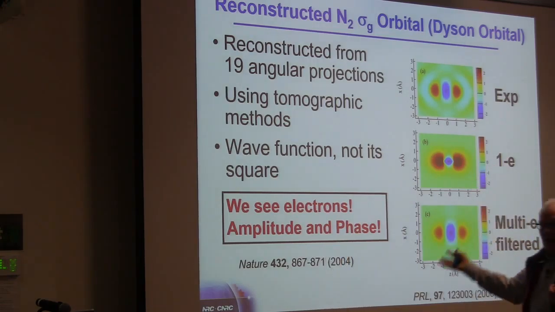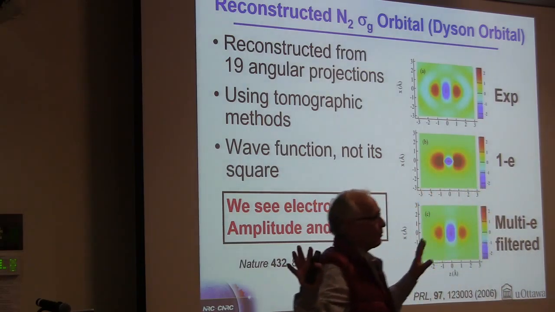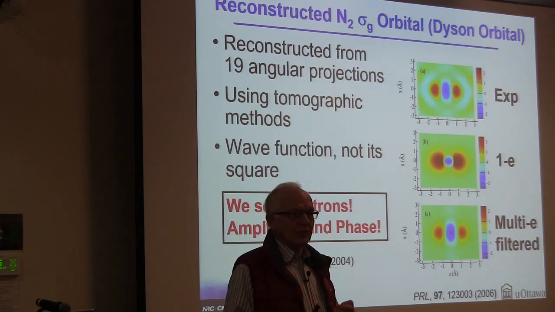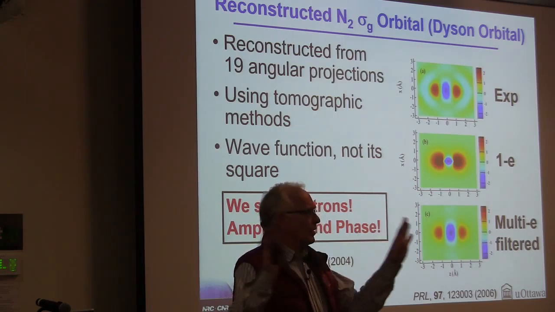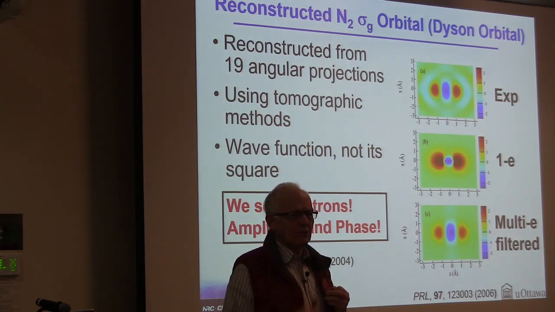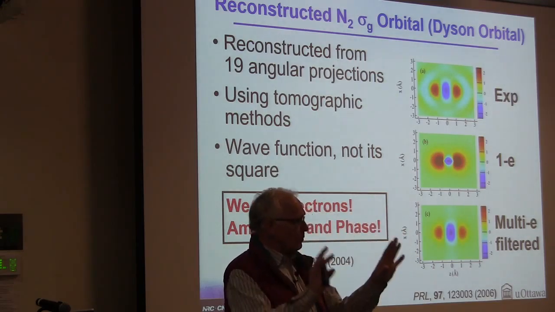So we did tomographic imaging. You saw the data, the arguments, and the approximations we made, which have been filled in since then. We knew nothing about Dyson orbitals, nor did we have that interpretation. We added the interpretation in the paper, but that's just words put on top of the tomography.